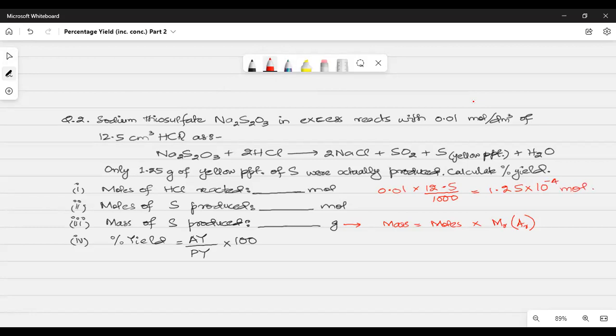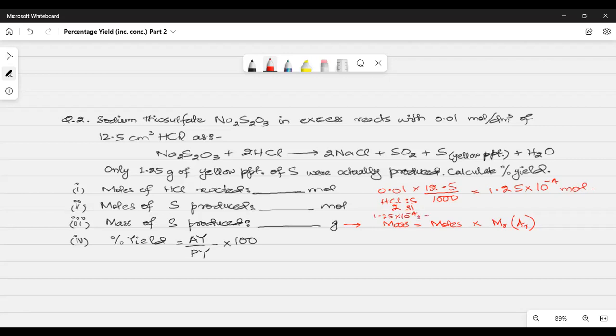Okay, so I hope you did the next part something like this: the HCl to S ratio is 2 to 1. This is 1.25 into 10 raised to power -4.